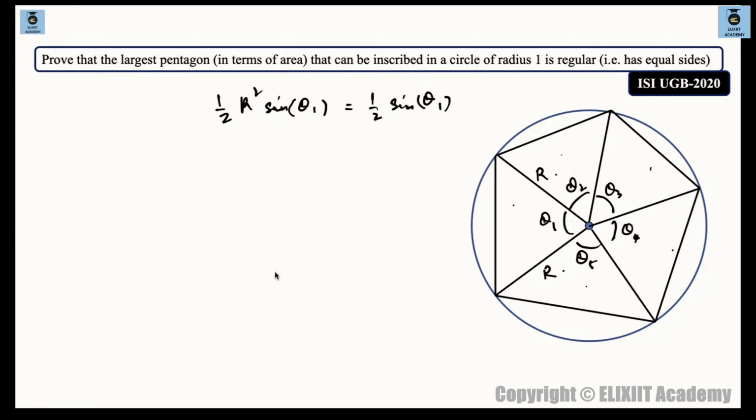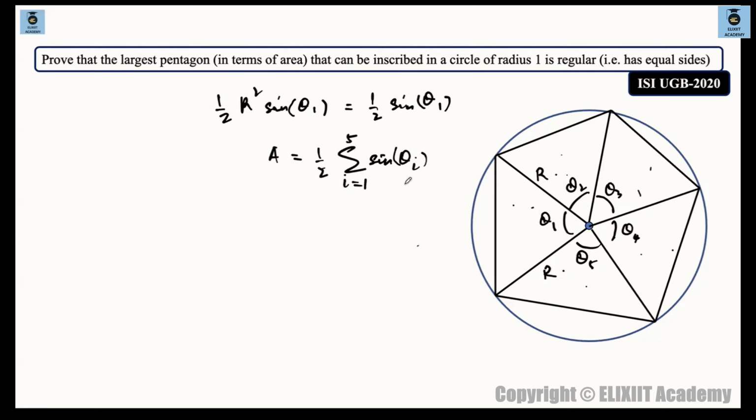half times of sine of theta 1. And the area of this entire pentagon, all these triangles basically, which will give you the area of this complete pentagon, is given by half times summation i is equal to 1 to 5 sine of theta i. क्या बोलते हो, ये होगा ना, because when you add the areas of all these triangles, you will end up getting the area of this pentagon. summation ले लिया, बार बार क्यों लिखना है?